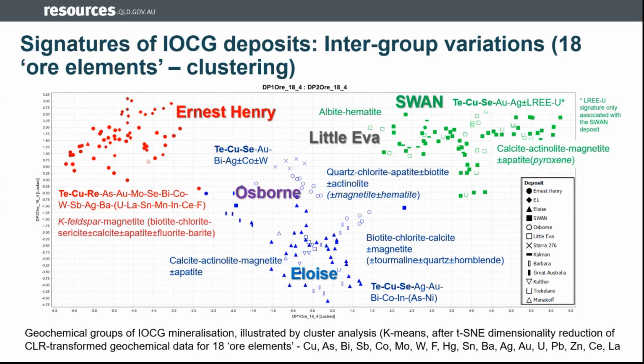Everything else, with the exception of Mount Dore and Calman, doesn't have much of a strong potassic alteration, and in the group with dominantly sodic-calcic alteration with actinolite magnetite, lots of them are getting mined now. And the group in the green combines deposits with strong residual sodic alteration signature, and they're generally characterized by significant volume, but not great grades. So that's the group typified by Swan and Little Liver.